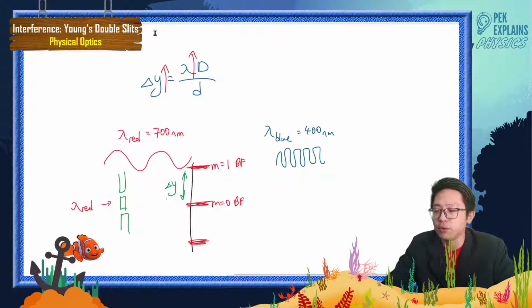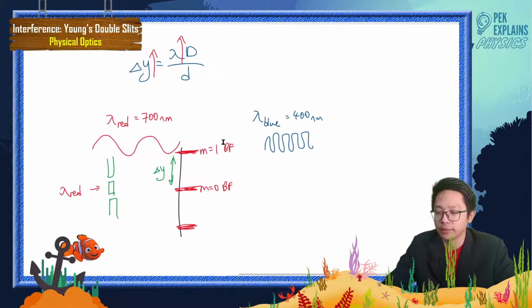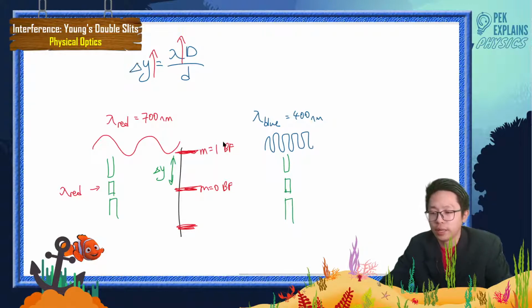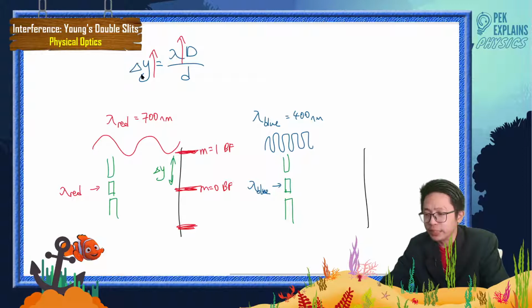But if you are using blue light, let's draw it out. I shine with the blue light, lambda blue. So what do you expect on the screen? Just now, using red light with a long wavelength, you get a bigger delta y.